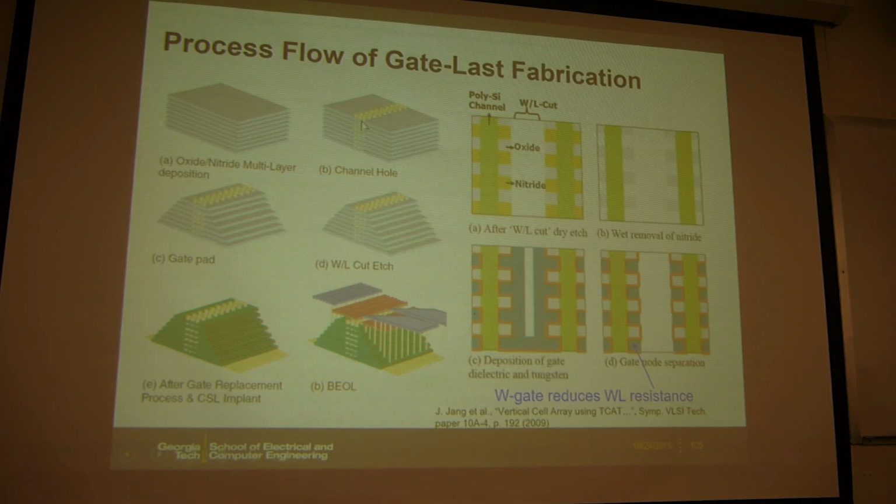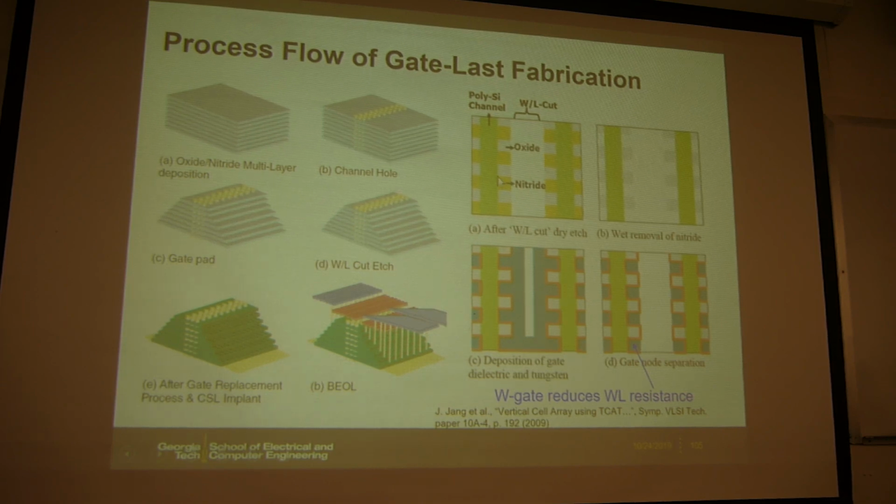And then you define your memory cell array region, let's say in the middle, and then you use lithography to define those pillars, and then you drill a hole by etch. And then we need to cut the word line out, and then form the staircase.